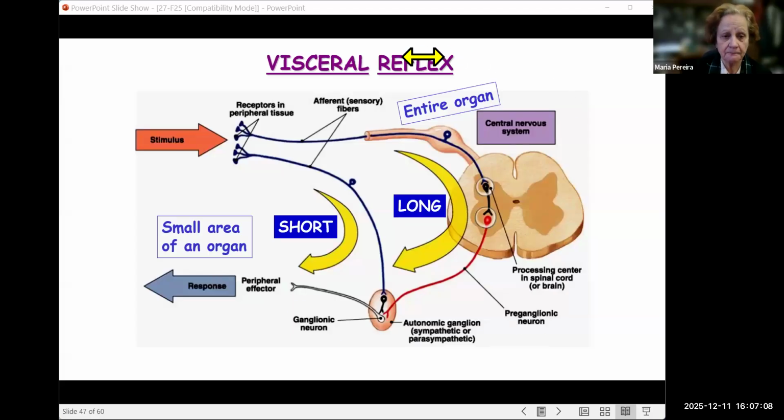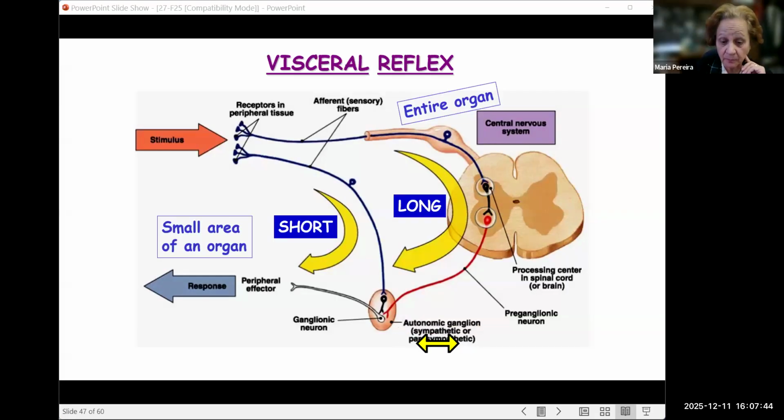If it would be the somatic reflex related to skeletal muscle, there would be just 1 motor neuron going directly from the gray matter at the spinal cord all the way to the skeletal muscle. Here, you can see that there's 2 motor neurons, the preganglionic and the postganglionic, and they synapse at the autonomic ganglia, which can be sympathetic or parasympathetic.